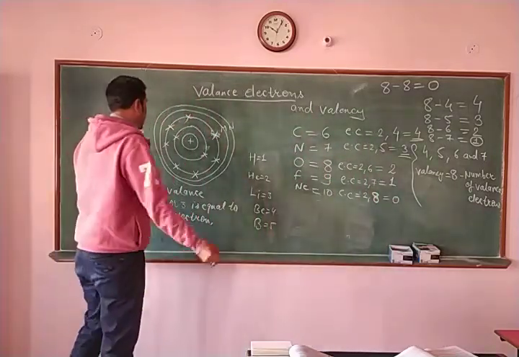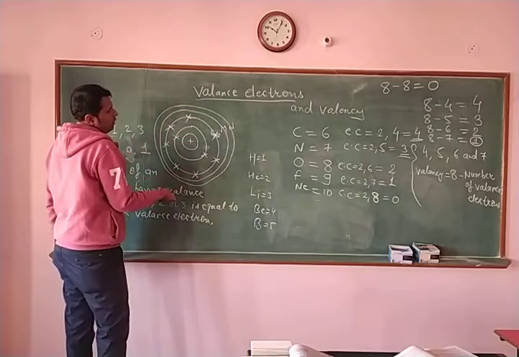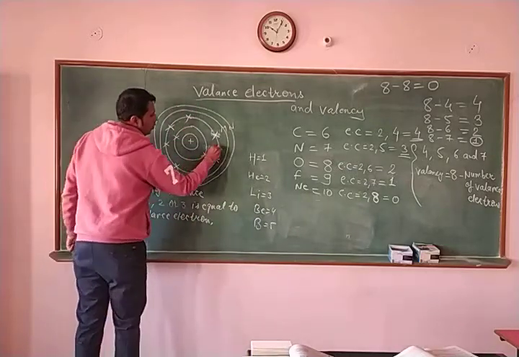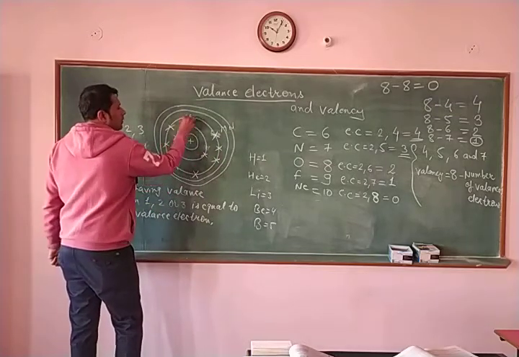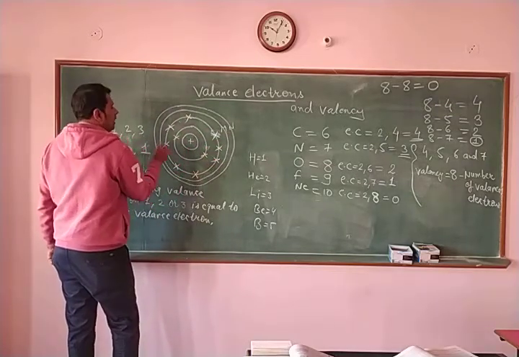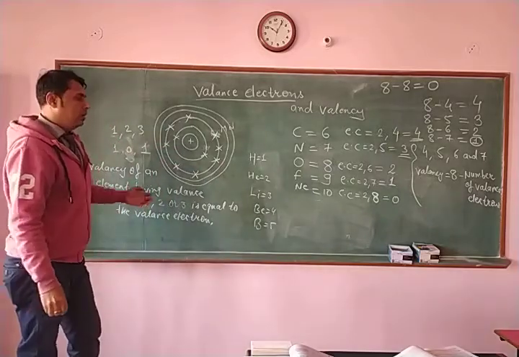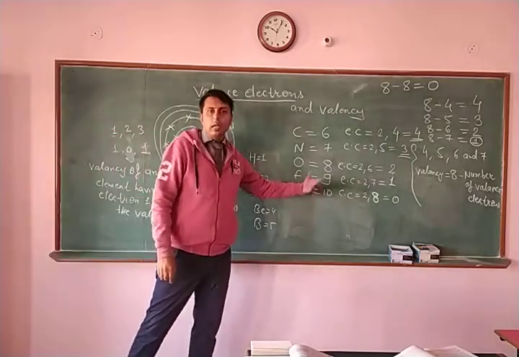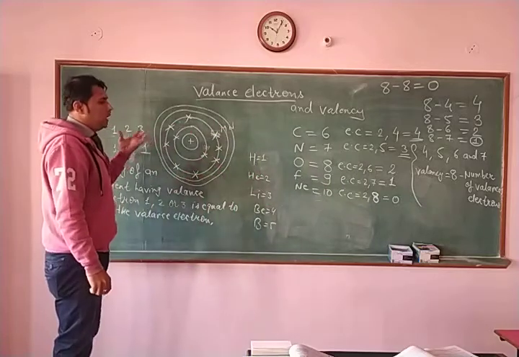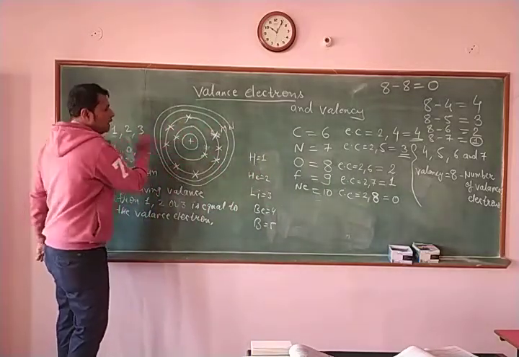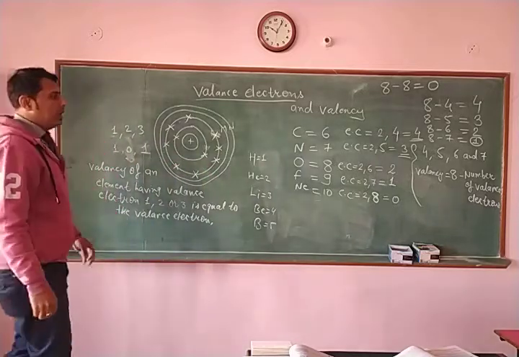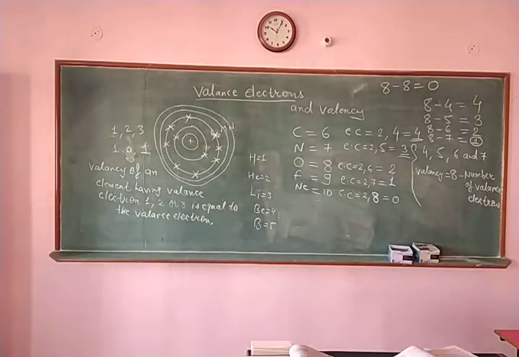As for the neon structure, we just add one more electron. So 1, 2, 3, 4, 5, 6, 7, 8, 9, 10: atomic number 10, or 10 electrons, and the outermost shell contains 1, 2, 3, 4, 5, 6, 7, 8 electrons. That is why neon has 0 valency, because neon doesn't have any unpaired electron in the outermost shell.